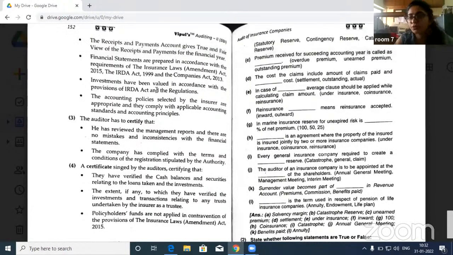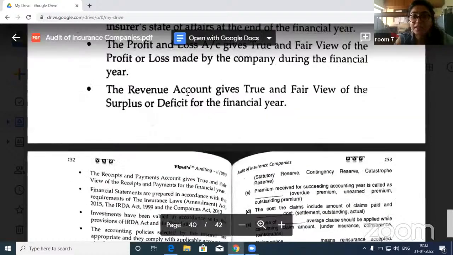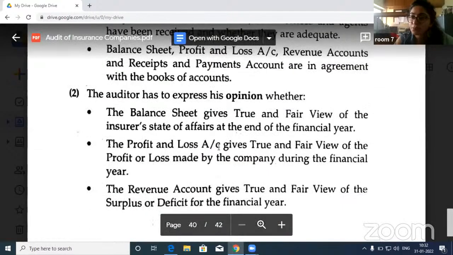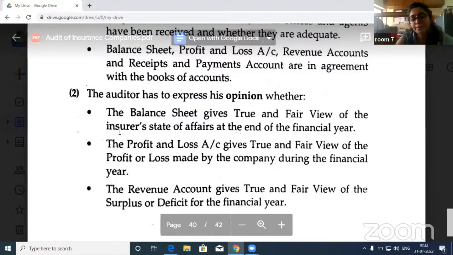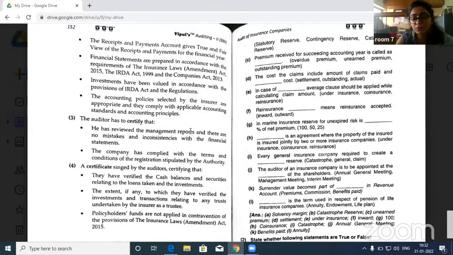Investments are made according to IRDA regulations. All these points we have already covered. So auditor has to check and give his opinion on these points. Auditor has to certify with the management report and whether the company has complied with terms and conditions stated as per the IRDA Act 1999.